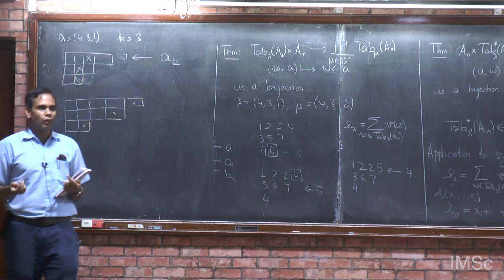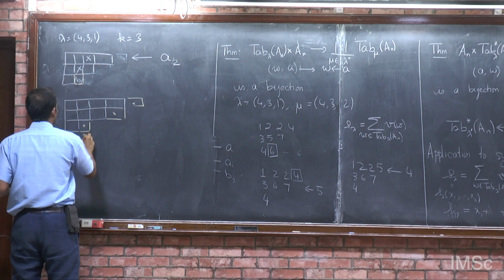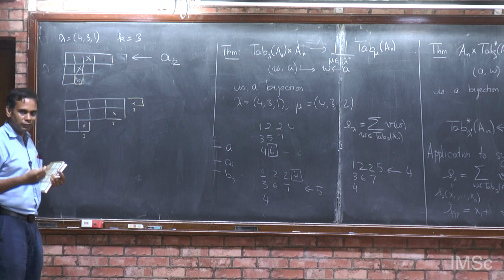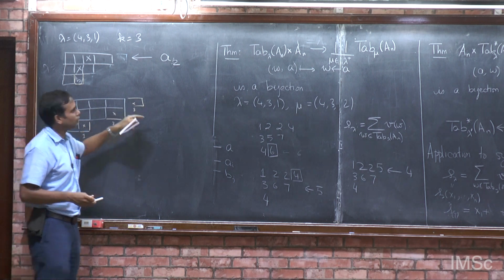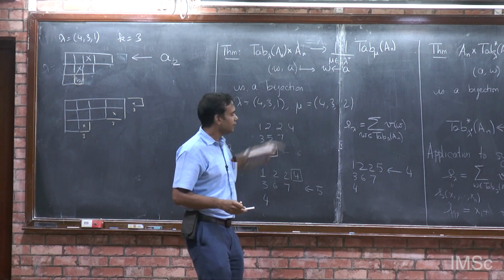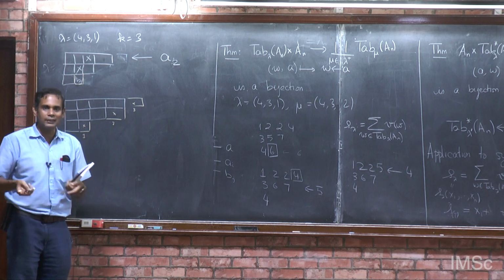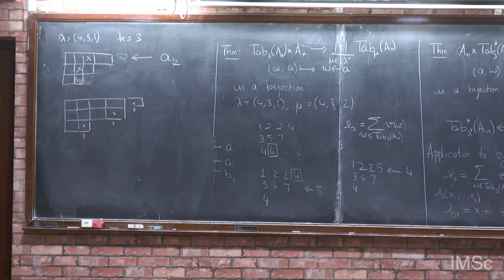Now, if the question is what order were they added in, then obviously this was added first, this was added second and this was added third. So, if I want to reverse my algorithm, I should first remove this box using the bijection from here, then remove this box and then remove this box. So, again the whole sequence is uniquely determined, and that is why this gives a bijection.